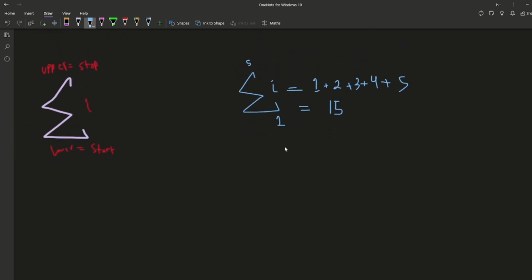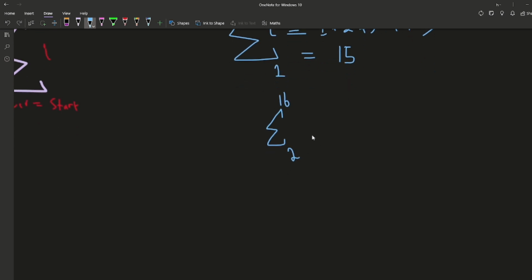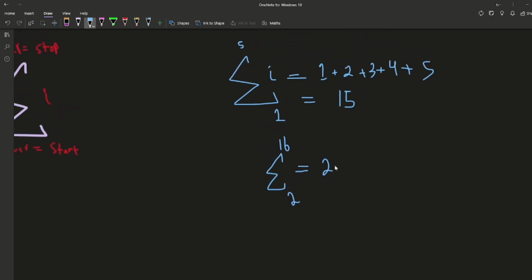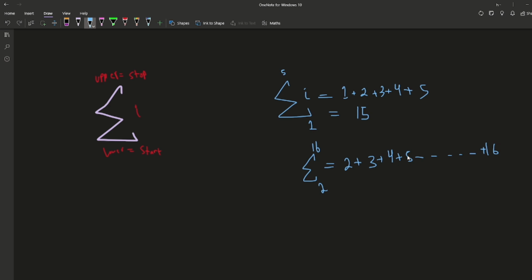If we have sigma with upper value 16 and a starting value of 2, this means 2 plus 3 plus 4 plus 5 and so on until plus 16. This is what this notation represents. It's just an easier way of representing sums.